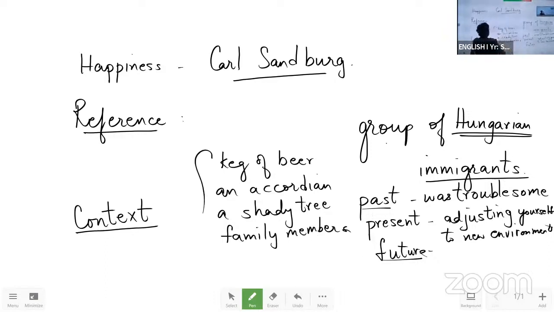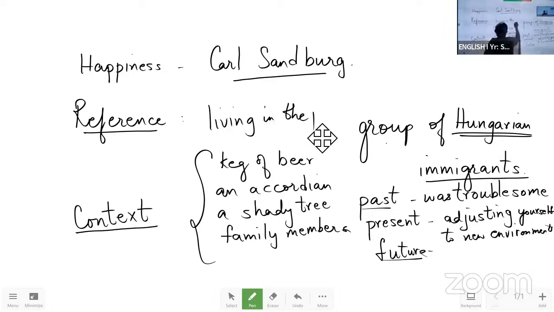And that was enough for them. They were living in the present, enjoying themselves. So this is what all this is. You don't have to tell children.